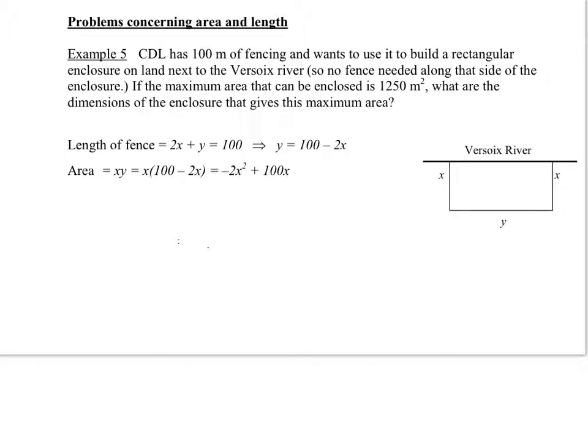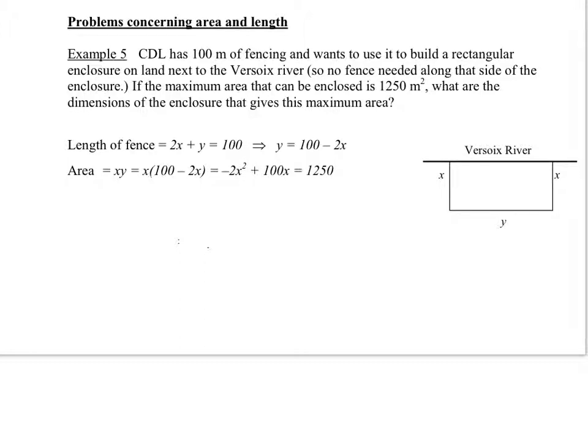If we do that, we get minus 2x squared plus 100x. And we know from what it says in the question that the area is supposed to be 1,250. So we can put that equal to 1,250.